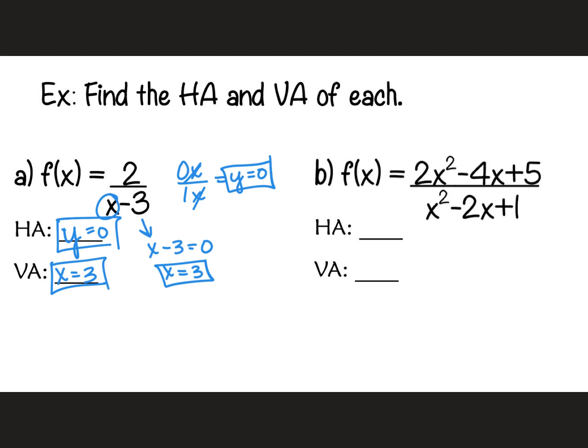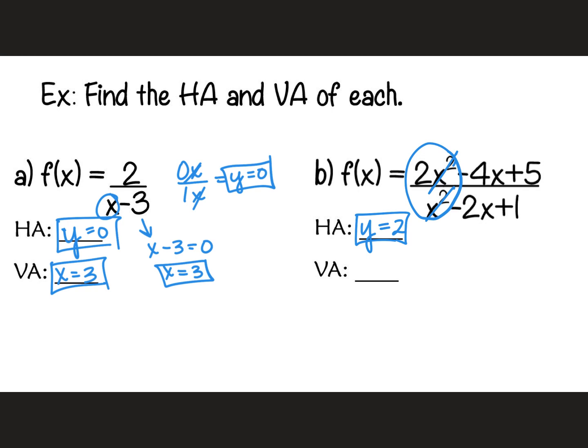So on to B, looking at the highest degrees. We've got an x squared in each, and so we're just ready to go ahead and divide to determine the horizontal asymptote. The x squareds cancel, and we'd have 2 divided by 1 or just 2. So the horizontal asymptote is at y equals 2. For the vertical asymptote, we would factor completely.